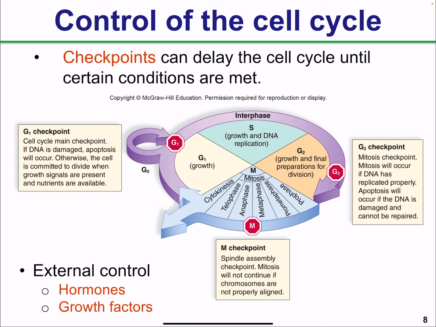Now, the cell cycle is tightly controlled in our body. The reason why the cell cycle has to be tightly controlled in our body is because you do not want cells that have either too much DNA or too little DNA to actually multiply.